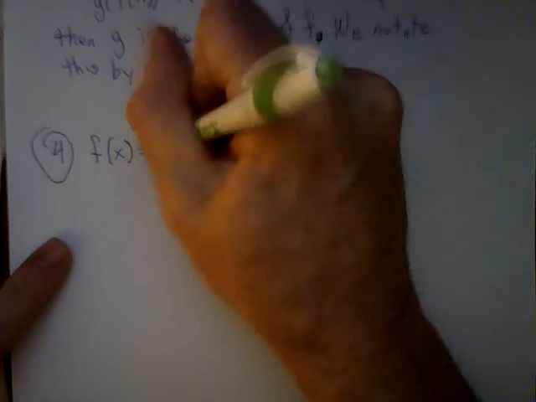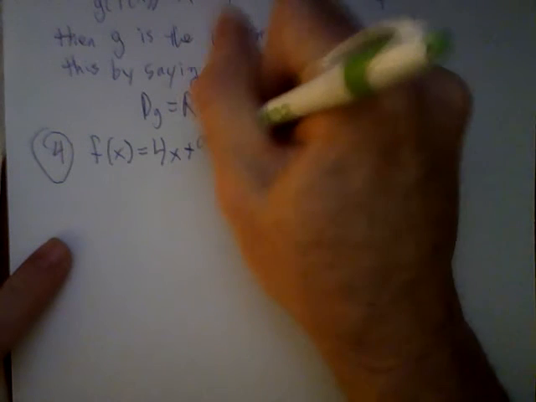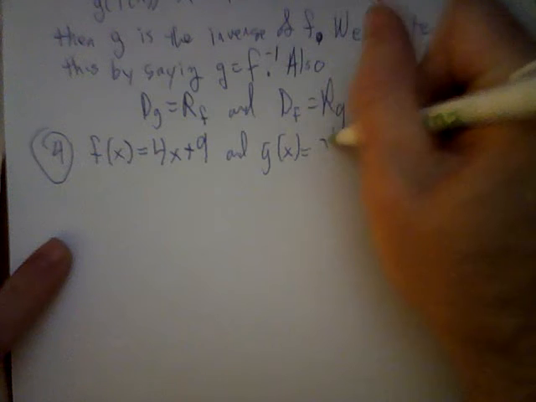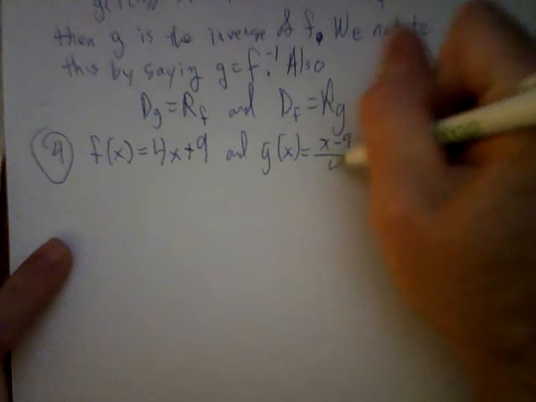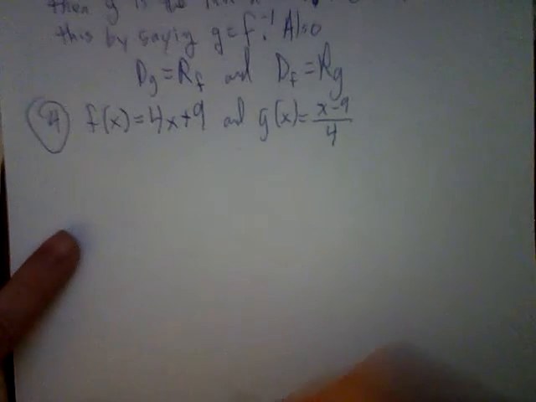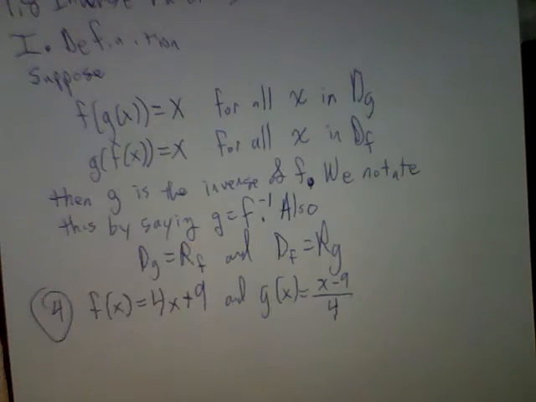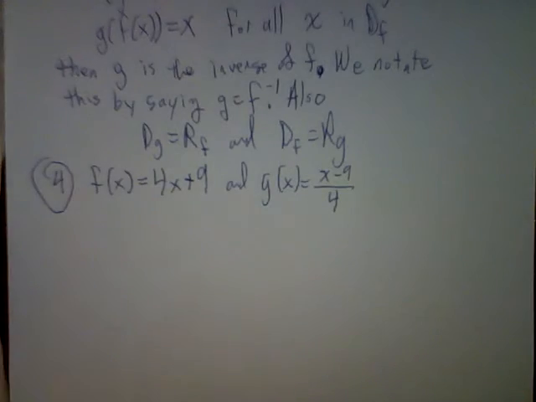They give us two functions, f of x equals 4x plus 9, and g of x equals x minus 9 all over 4. Sometimes there's issues, you have to be considerate of the domain and range issue here in the definition. In this case, it won't matter. These functions are tame enough that it's just not going to make a difference.